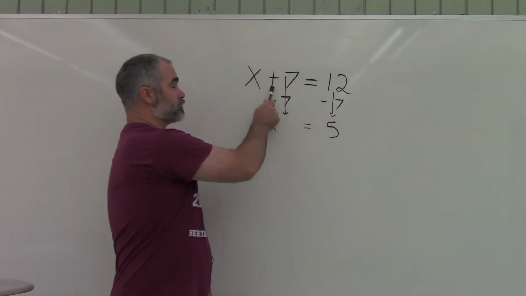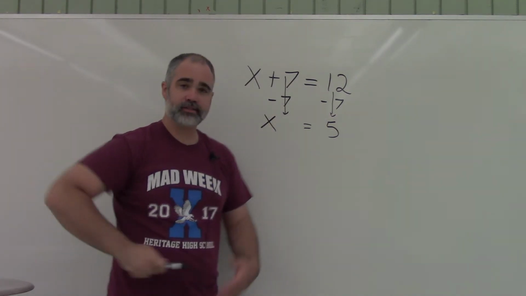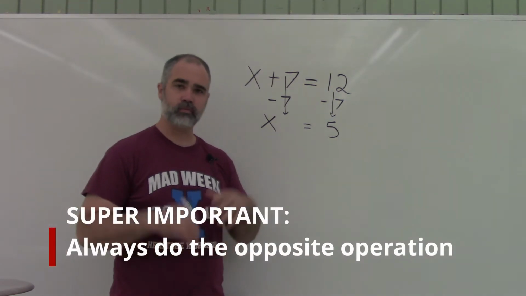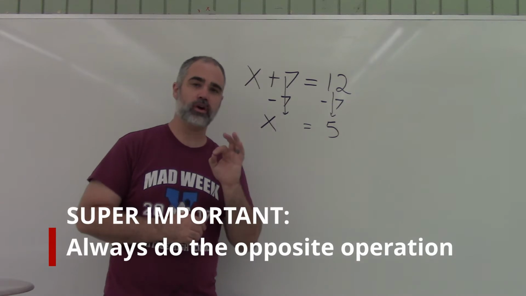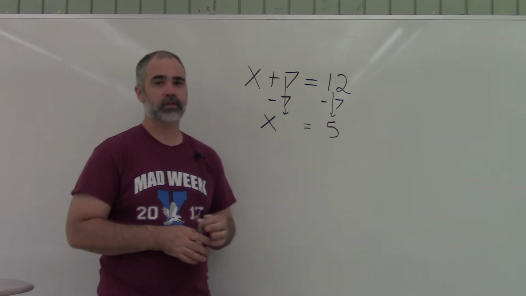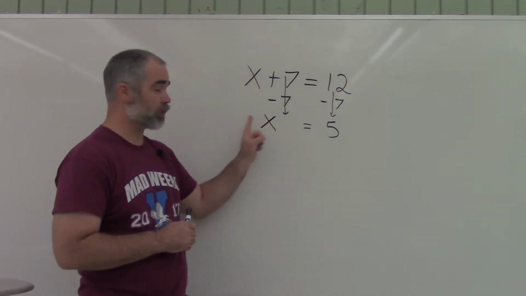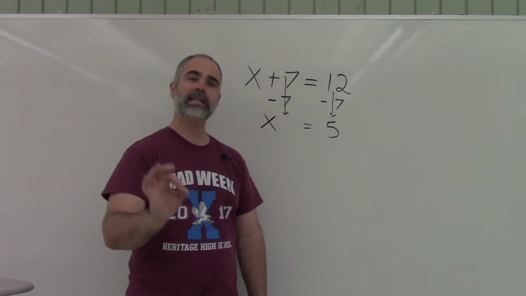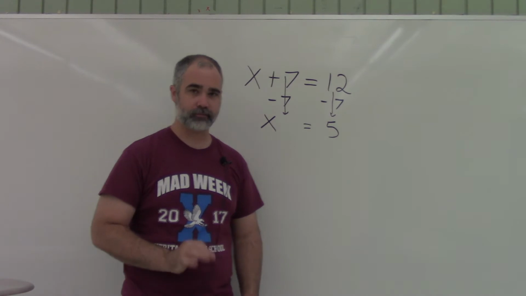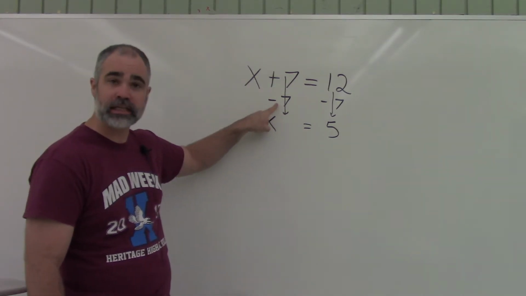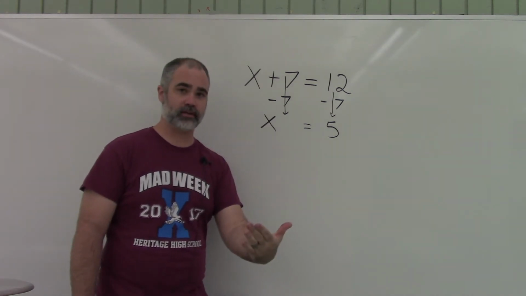But there's a relationship between adding and subtracting. They're opposites. We really want you to get that in your head today. Whenever you want to know what to do in math when you're solving for a variable, think about what is the opposite of something. In this case, I was adding 7, so the opposite would be to subtract 7.